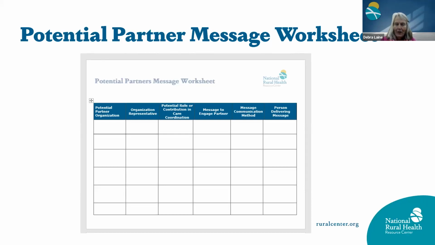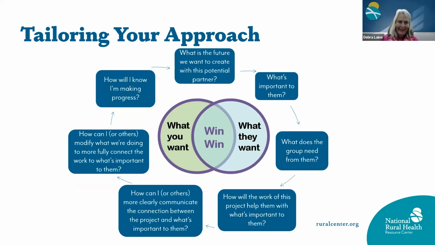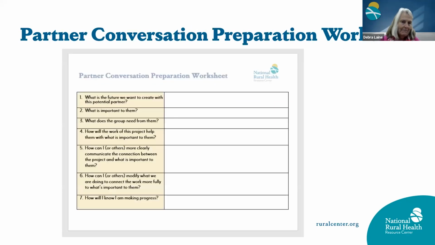And the final 3 columns are about focusing on issuing the invitation and figuring out what that message might be, who's going to deliver it, and what the method of communication is. This is a detailed partner conversation worksheet.